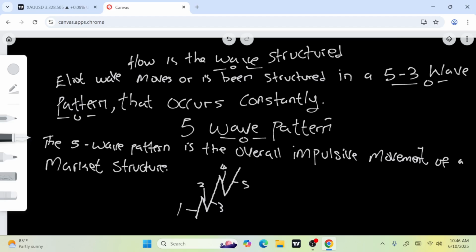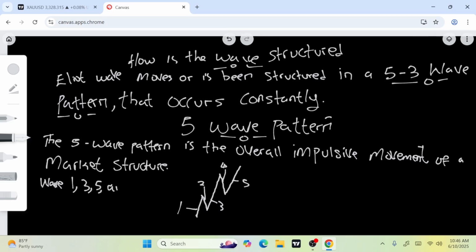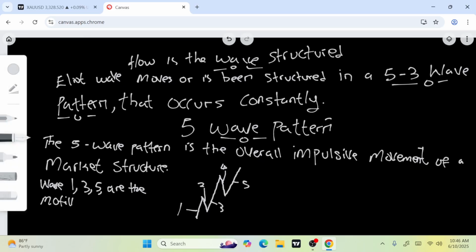Now, take note of this. Wave 1, 3, and 5 are the motive of the market structure. Are the motive of the what? Market structure.